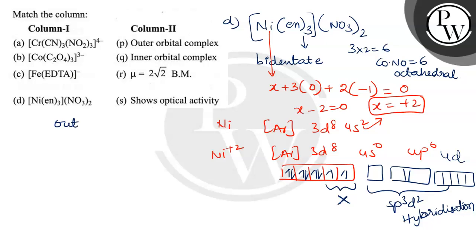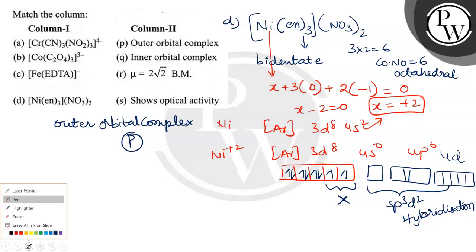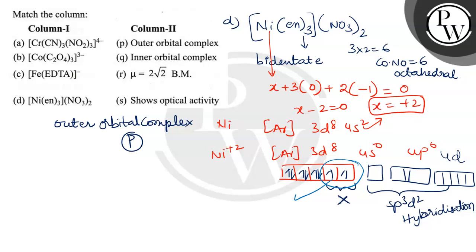So the outer orbital complex is matching with the P point, right? Outer orbital complex is the P point. It is matching with the D option. And next, how many unpaired electrons are there? Observe here we have 2 unpaired electrons.